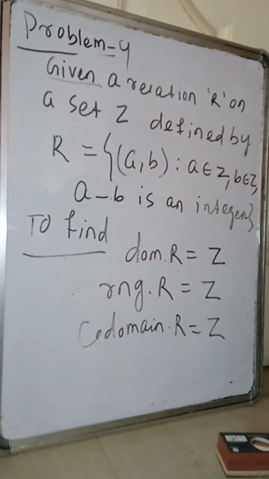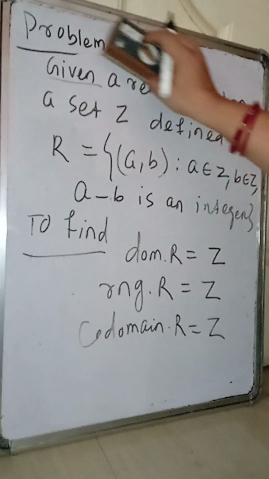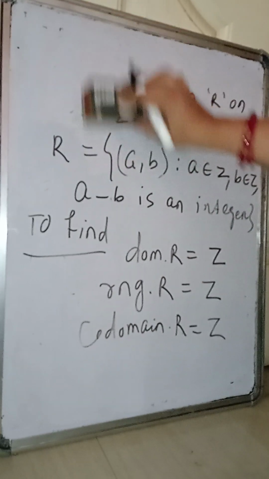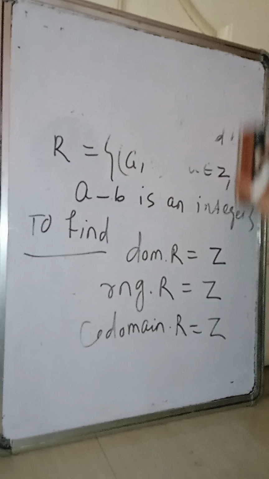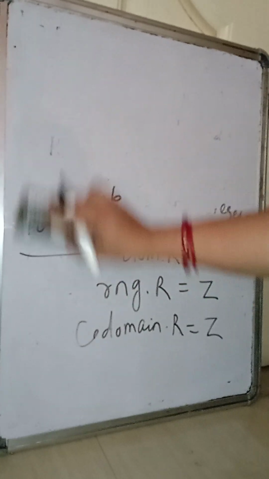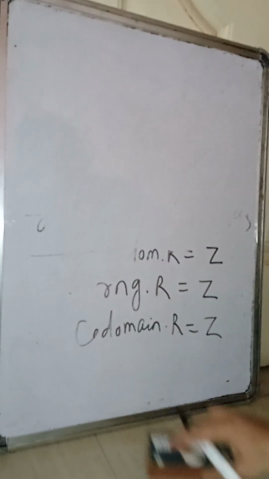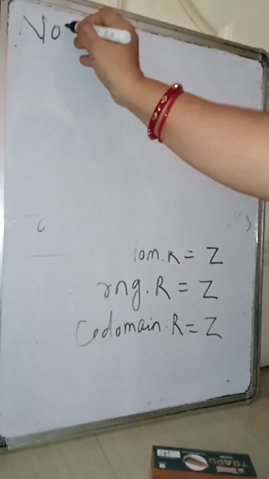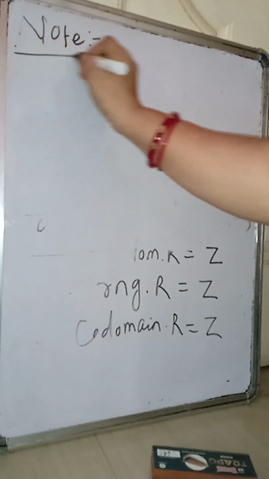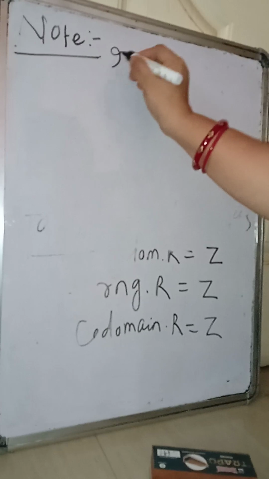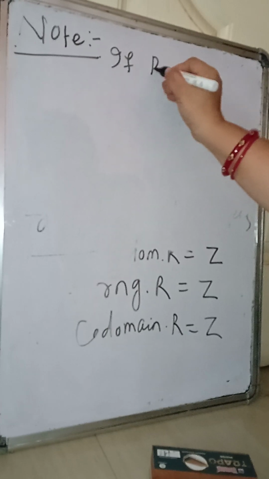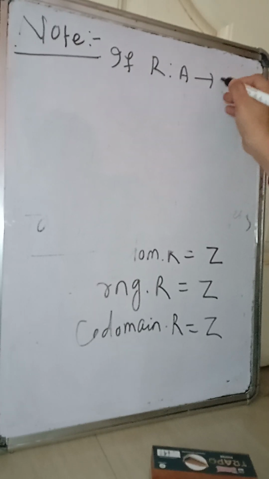Then the next one is a remark, or note, for you. Suppose you are given a relation R from set A to set B. This is the relation given.